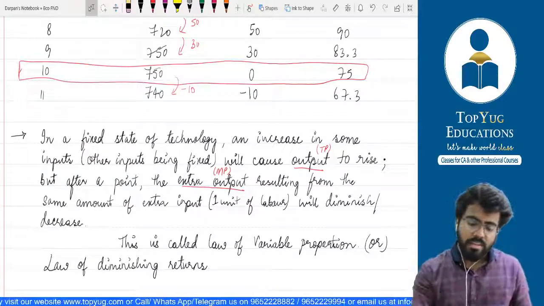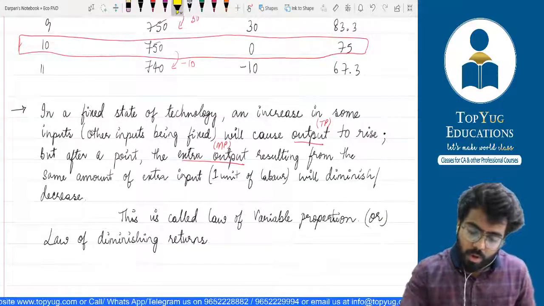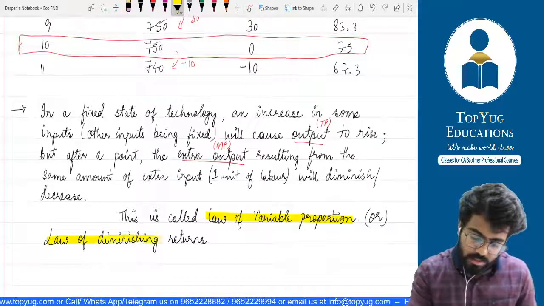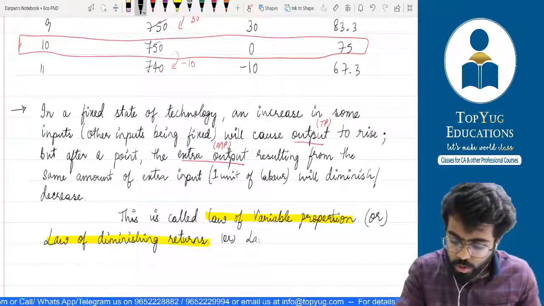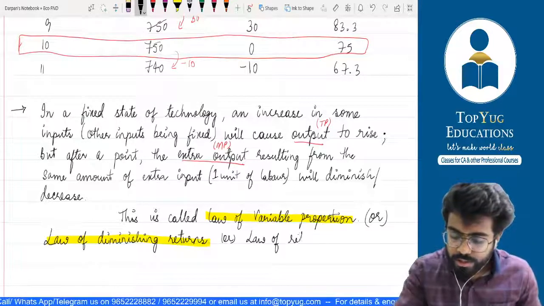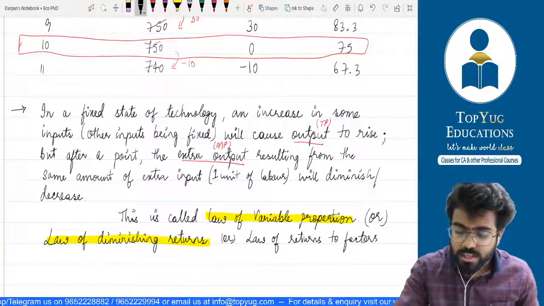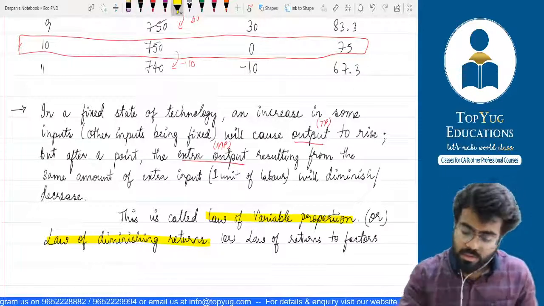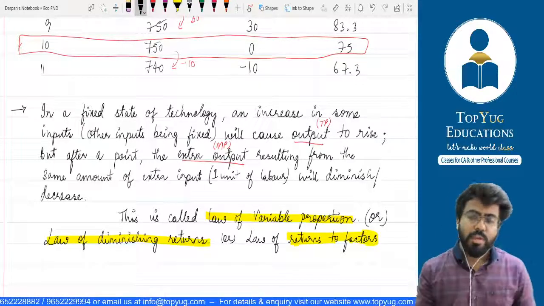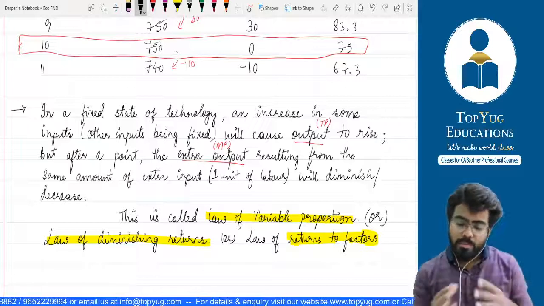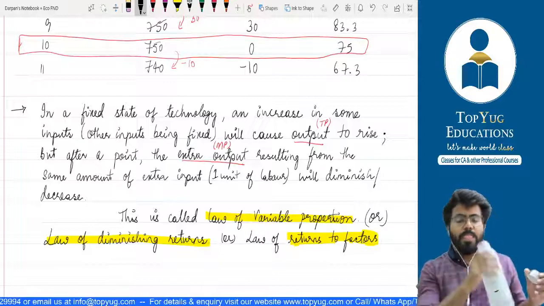MP started decreasing after a point. This is called law of variable proportion or law of diminishing returns or law of returns to factors. Not returns to scale, returns to factors. तो ये भी लिख दो वहां पे.